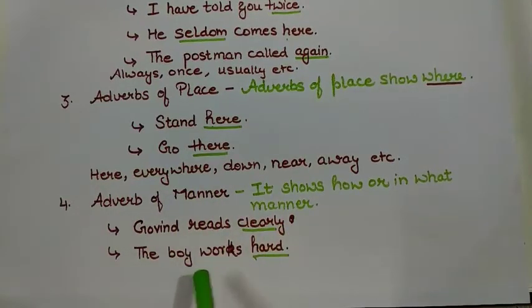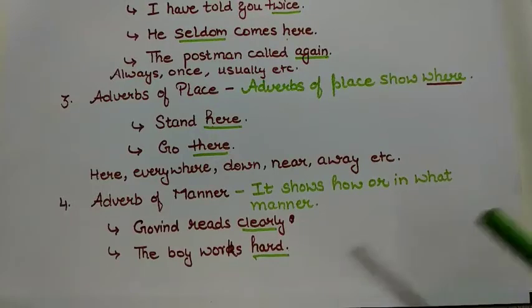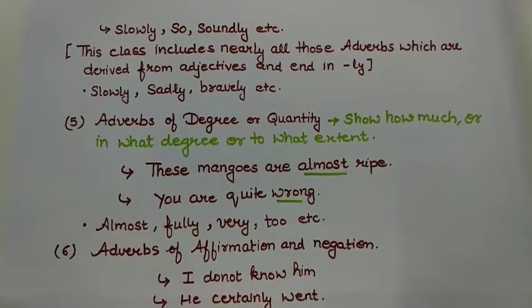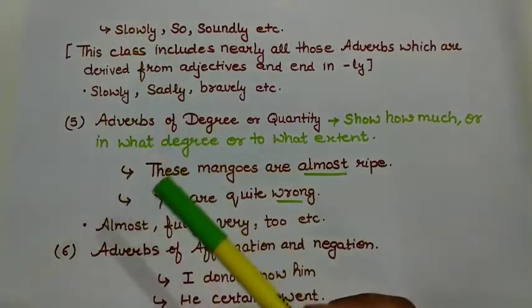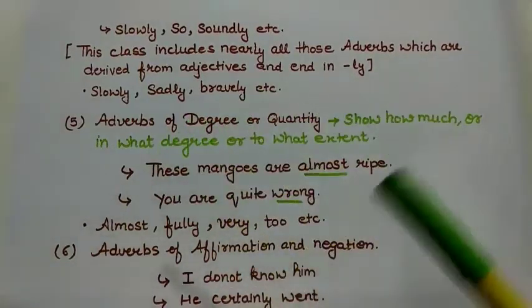The boy works hard. Again, the word hard is showing how the boy works, or in what manner he is doing it. So the word hard is adverb of manner. Some more adverbs of manner can be words like slowly, soundly, etc.